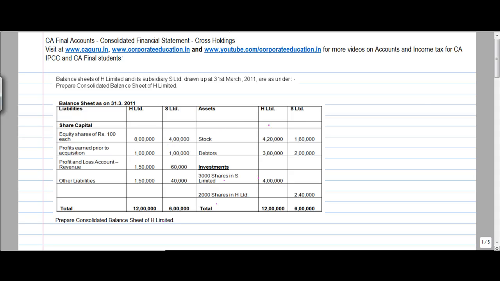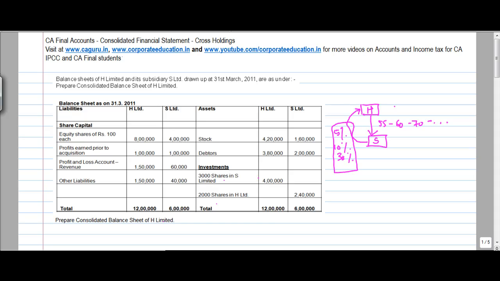Till now, what you have been looking at is a situation where a holding company owns shares in a subsidiary, say 55%, 60%, 70%, and so on. What can also happen is that in some cases, the subsidiary may also hold shares in its parent. Let's say it holds 5%, 10%, 30%.